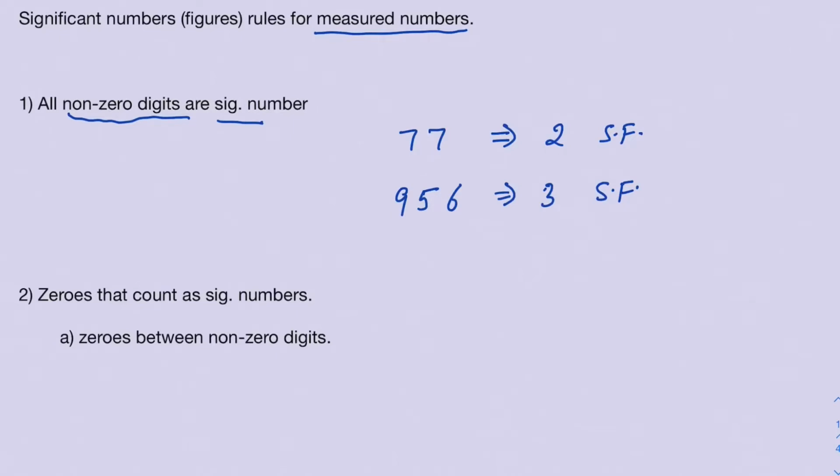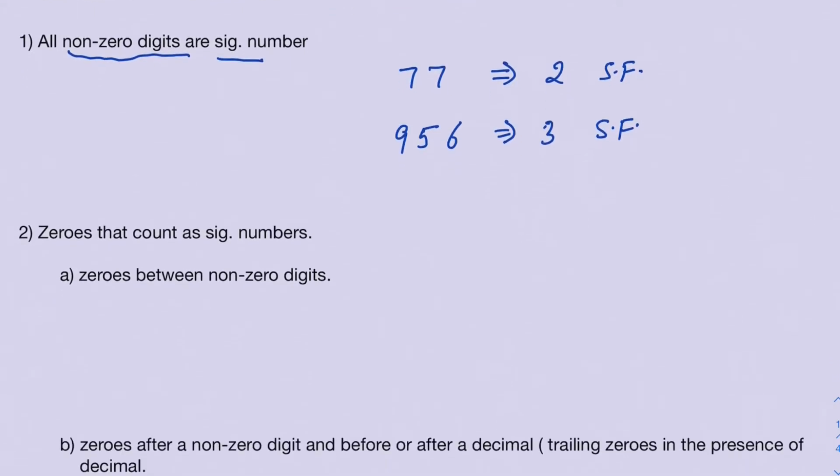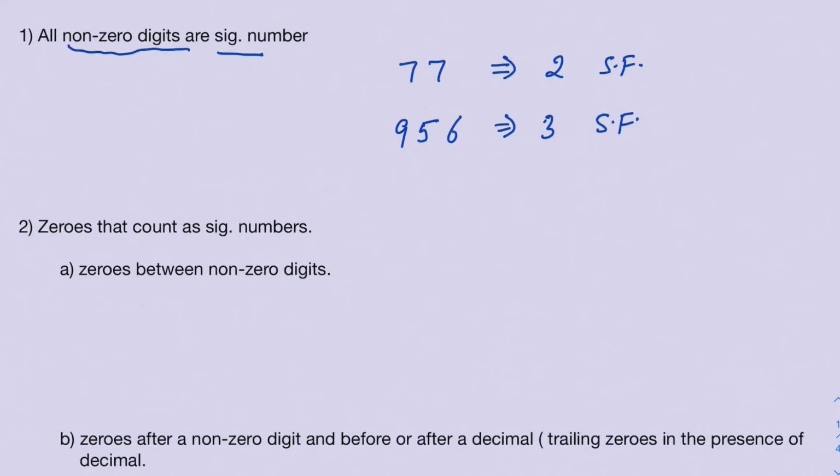However, the problem steps in whenever you have zeros in these numbers. There are times when you count the zeros as sig figs, and times when you don't. Let's look at the rules for when you count zeros as sig figs.